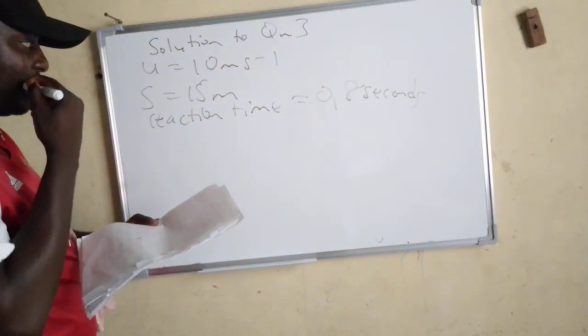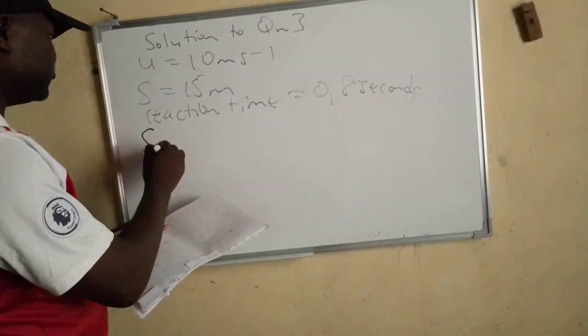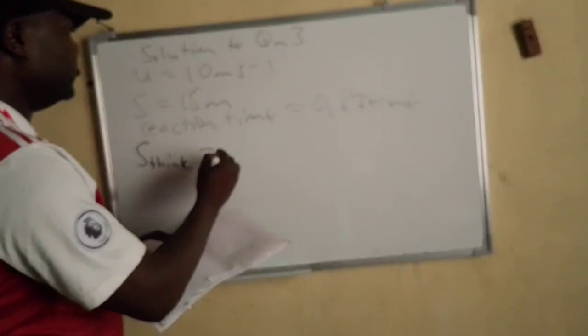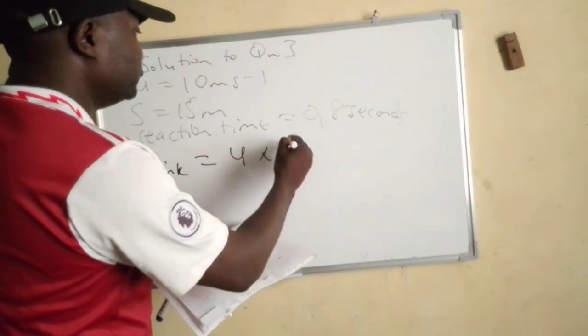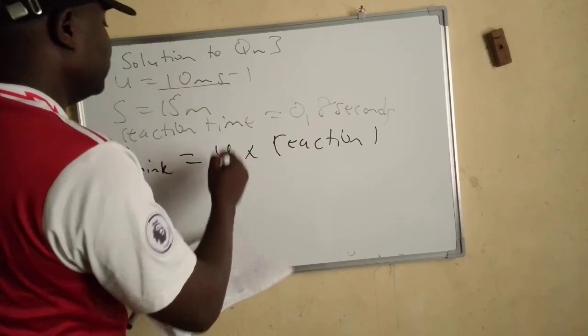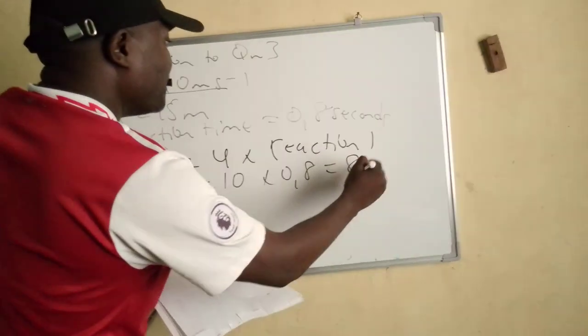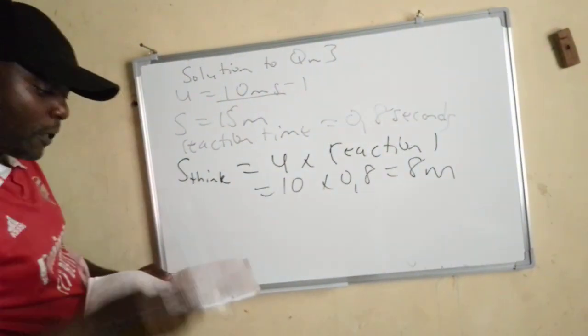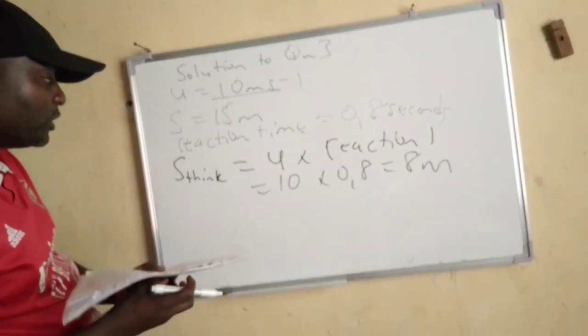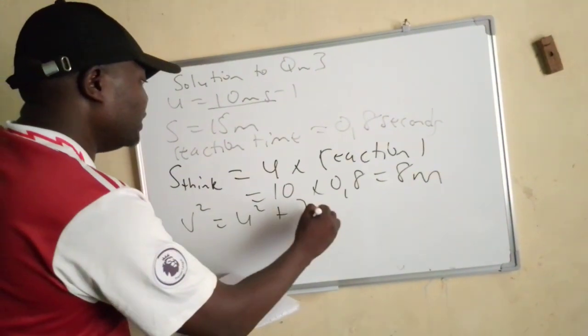And so thinking distance is u times reaction time. So it will be 10 times 0.8, which is 8 meters. So the driver should finally brake. So the braking distance is from v squared is equal to u squared plus 2as.